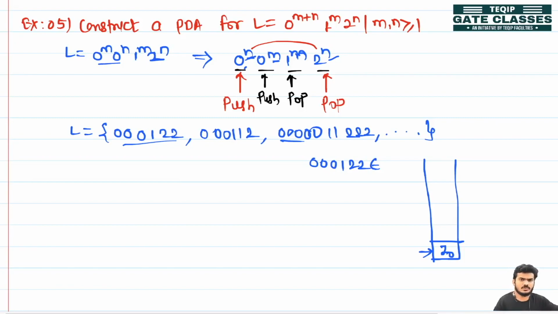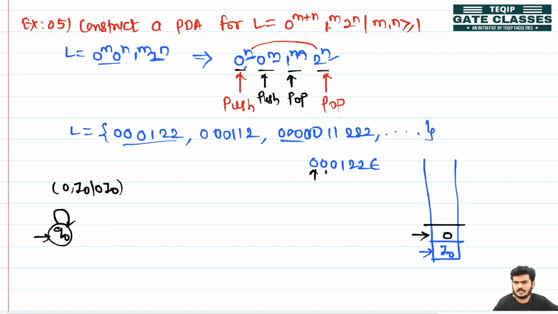Okay, so first we will push the zeros. In our q naught state, whenever my input is 0 and the top of the stack is z naught, I will push 0 into the stack, which becomes 0 z naught, and I will move the top pointer to the 0.